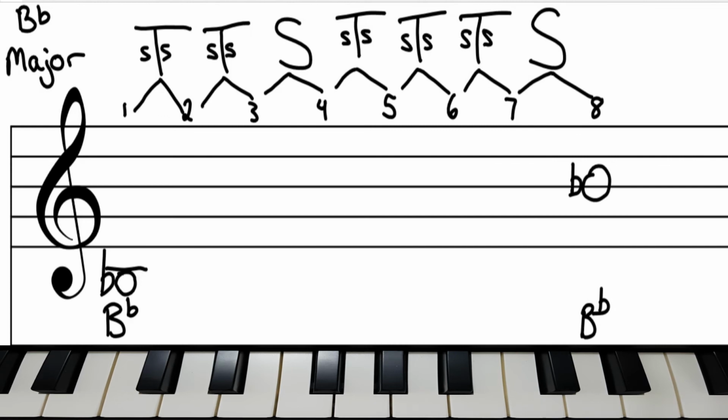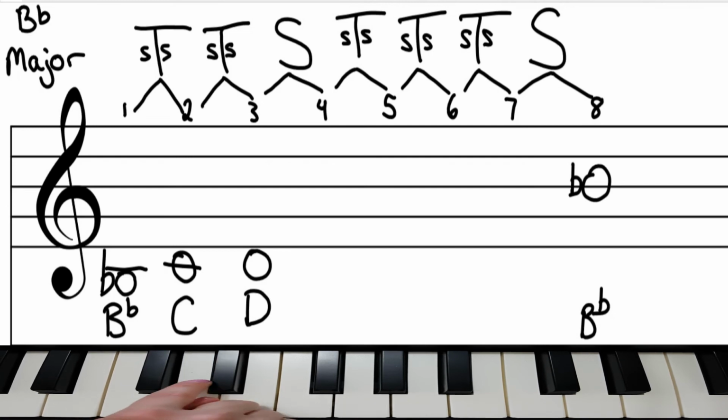Now, using our major scale pattern, let's see how many more flats are in the B flat major scale. Starting on a B flat, we need to move one tone to the next two closest black or white keys. Starting on our B flat, 1, 2 to create the tone, and we land on a C. Again, moving up one tone, following our major scale pattern, 1, 2, D. This time, only moving up one semitone to an E flat.